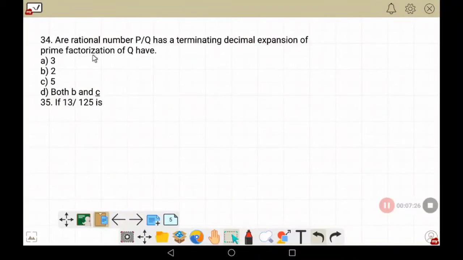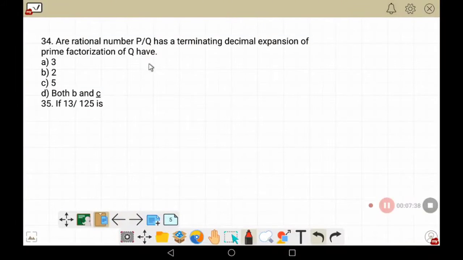Question number 34. Rational numbers p upon q have a terminating decimal expansion if the prime factorization of q has what? So you have a rational number p upon q, just like 2 upon 3 or 7 upon 5 or 9 upon 2. The question says that if p upon q has a terminating decimal expansion, what should the prime factorization of q have?